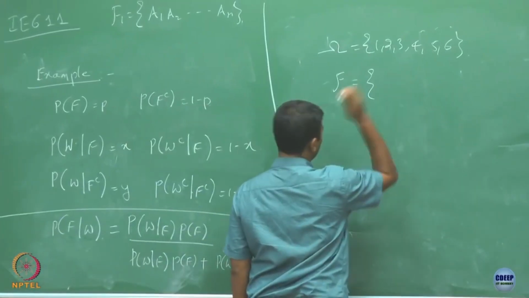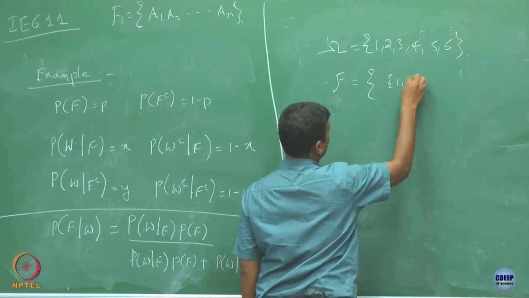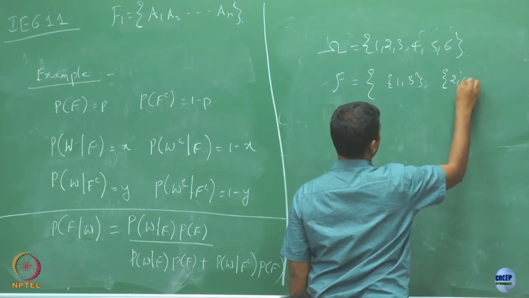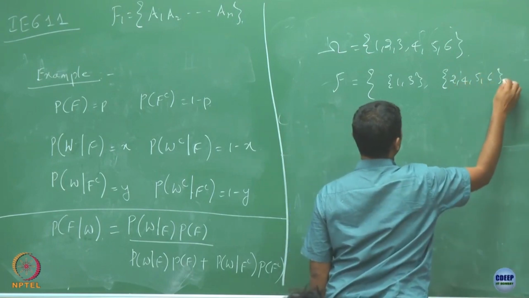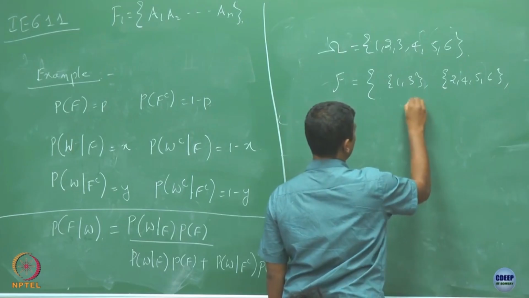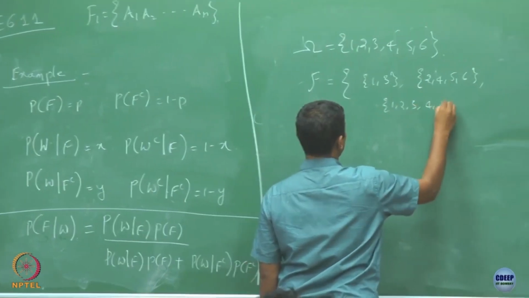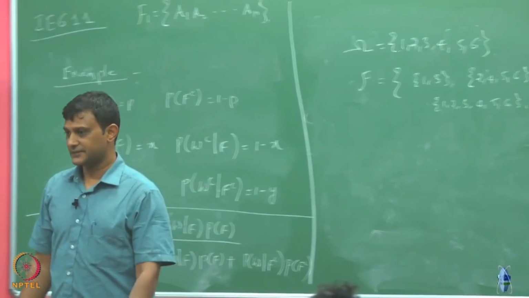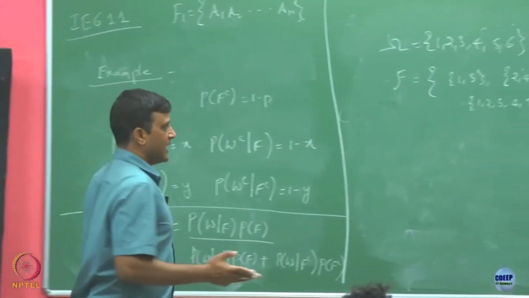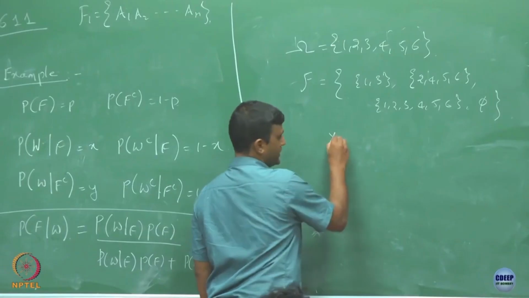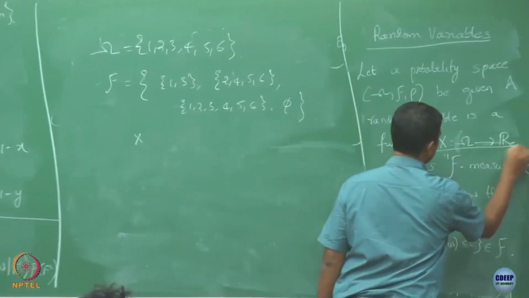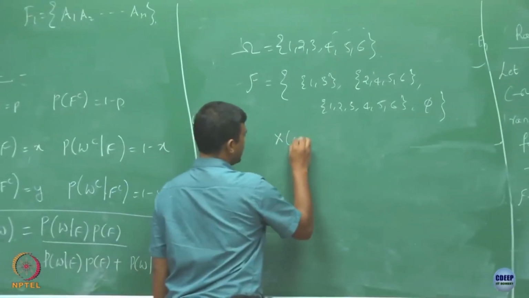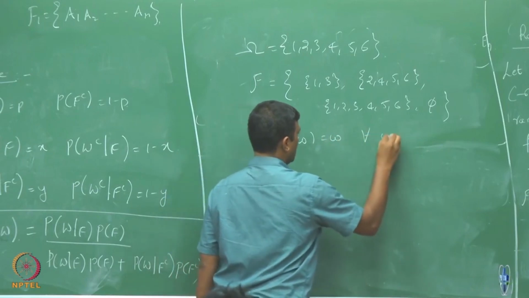Let us say I have {1, 3}, {2, 4, 5, 6}, and {1, 2, 3, 4}, and {5}. I have defined this to be my event space, and let me first define a random variable on this, which is going to assign to every outcome a real number. In this case I am going to assign X(omega) to be simply omega, for all omega in the sample space.